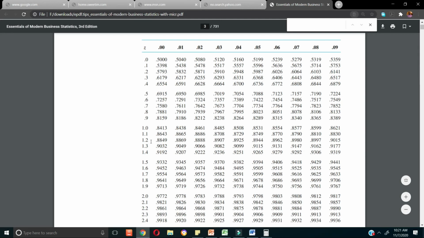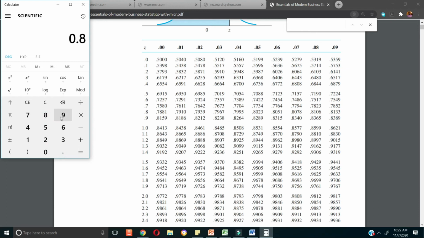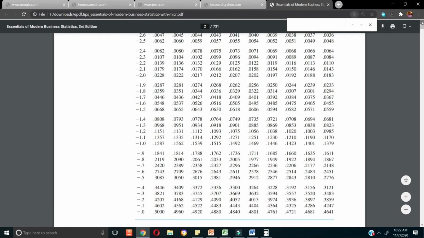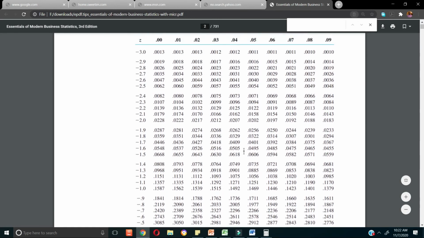So you have the 1.2 row, then 0.5 column, 0.8944. Then we are going to subtract the minus side, 1.25, that's going to give us 0.1056.